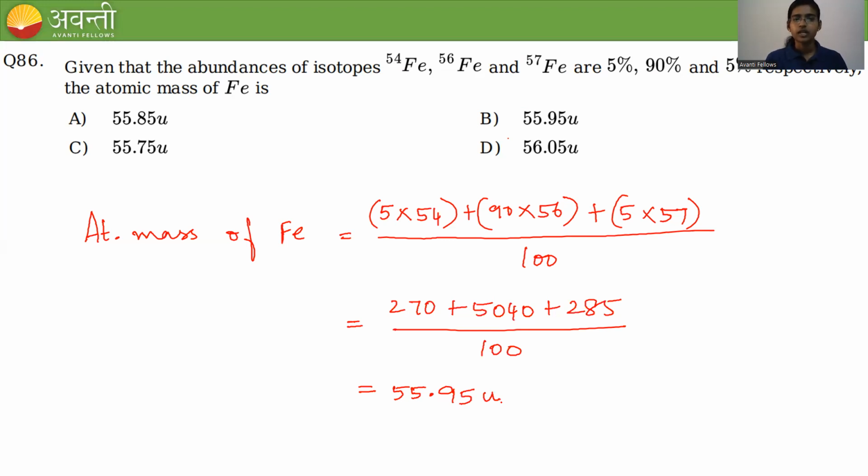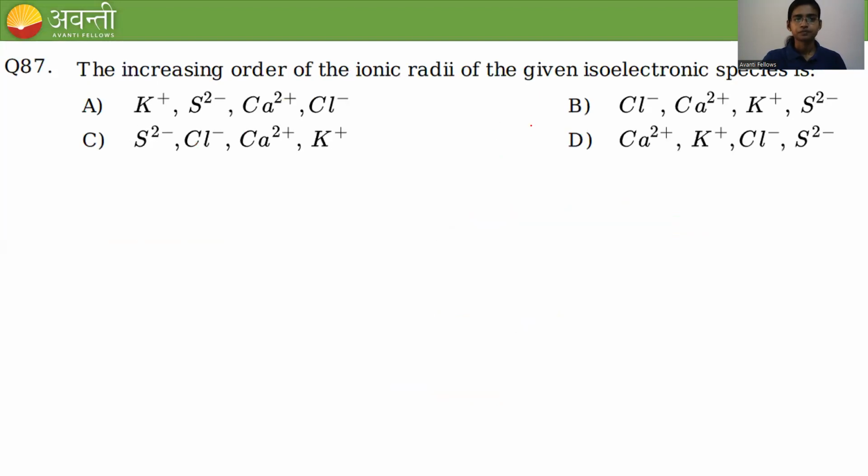Where it is given 55.95, it is given in option B. So you just have to multiply the atomic mass and the given percentage, sum up all the things and divide by 100. So option B is the answer to this question.